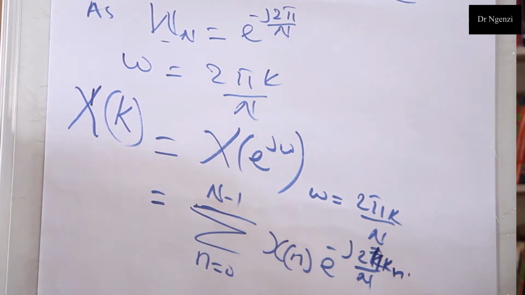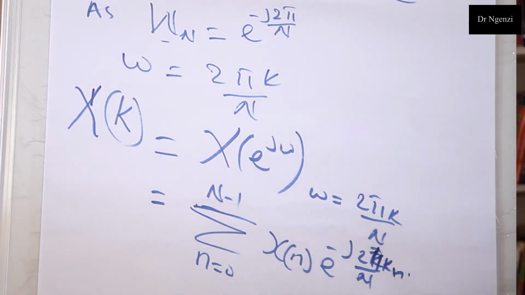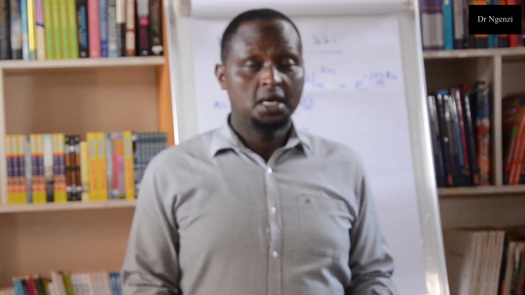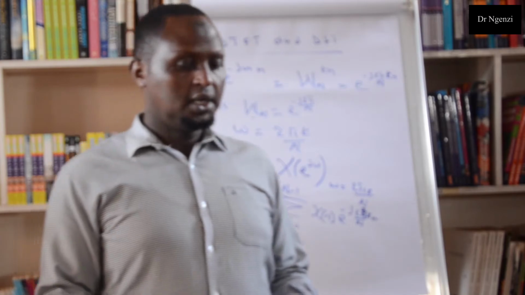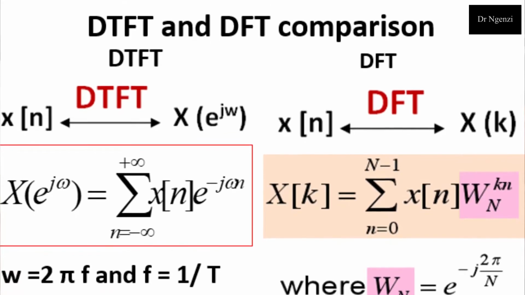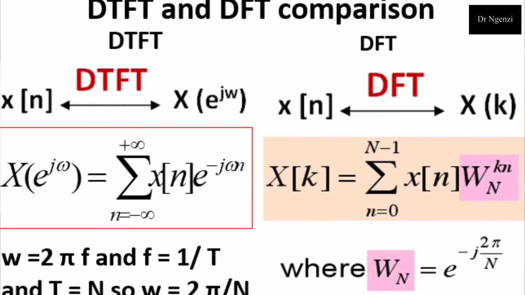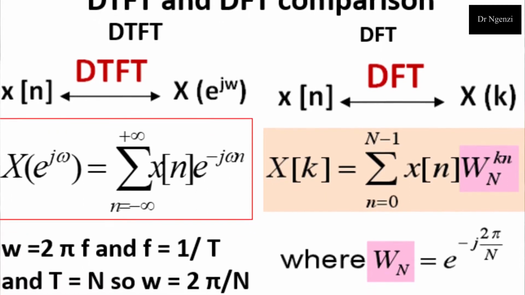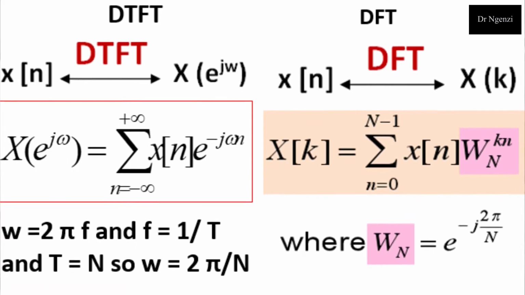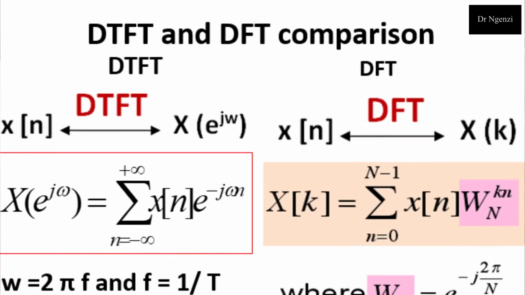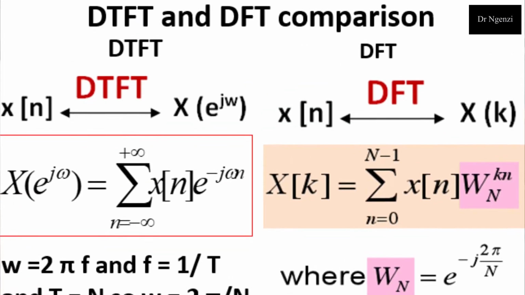at DTFT, you can see there is a continuous appearing of omega. The continuous appearing of omega doesn't appear here. At DFT, we are going to have a discrete frequency. We have a bunch of frequencies, but we want to decompose or divide them into small pieces so that they can be well managed.